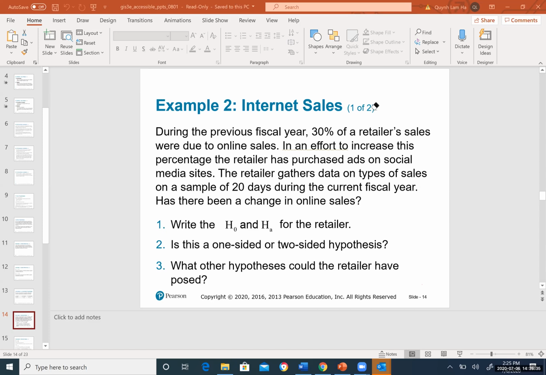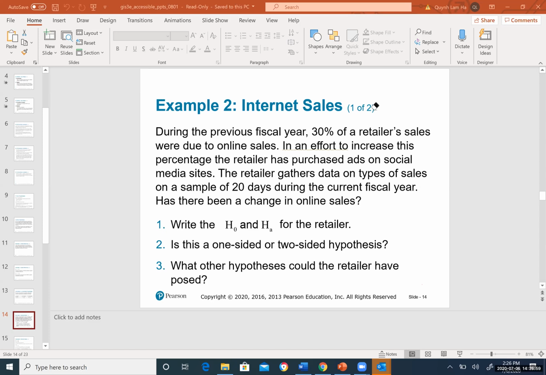In an effort to increase, you see some keywords in here? In an effort to increase this percentage, the retailer has purchased ads on social media sites. I think they repeat it twice, right?